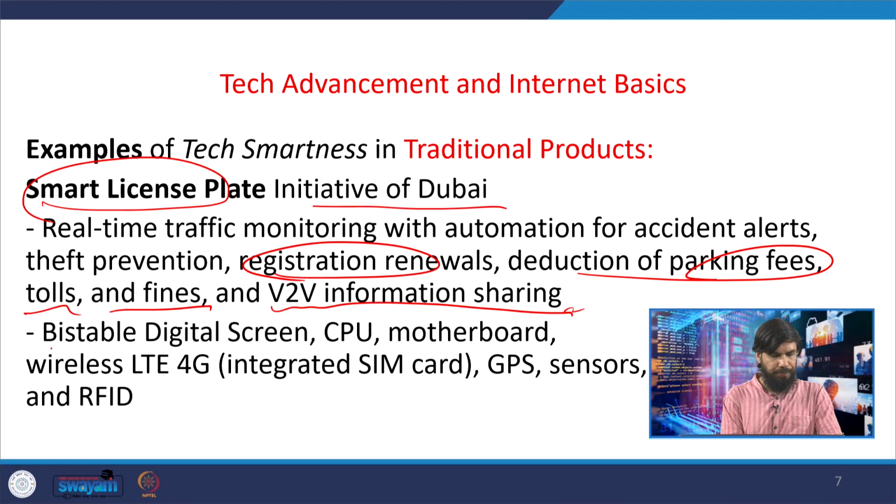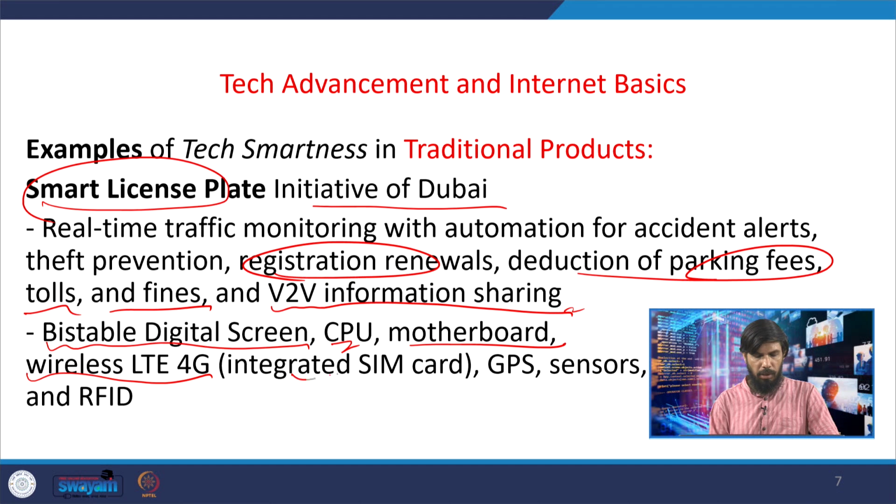A digital screen is there, then CPU, because a bit of computing and detection is also happening, motherboard, and wireless communication, there is an integrated SIM card. Then GPS for better location identification, connectivity with the internet for registration, payment of tolls and all that will be facilitated here, tracking through GPS.